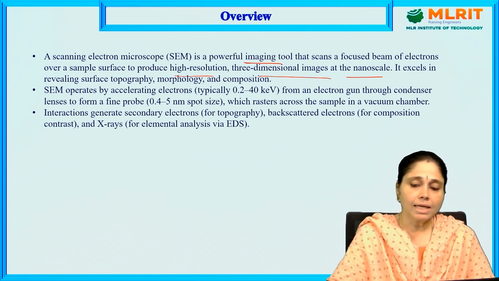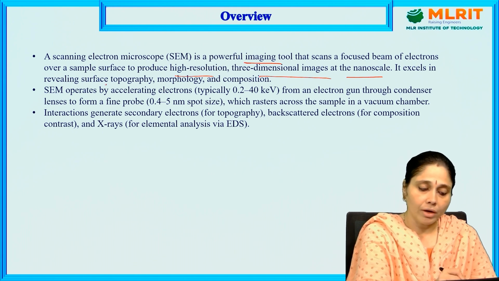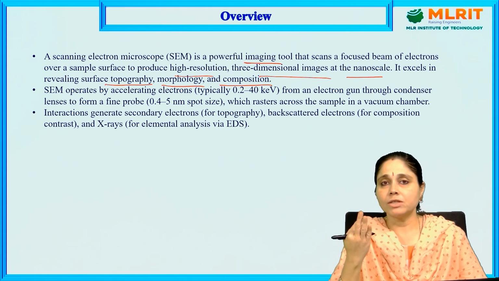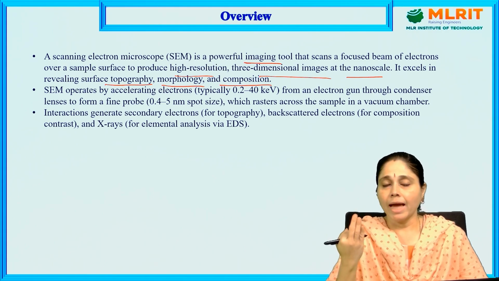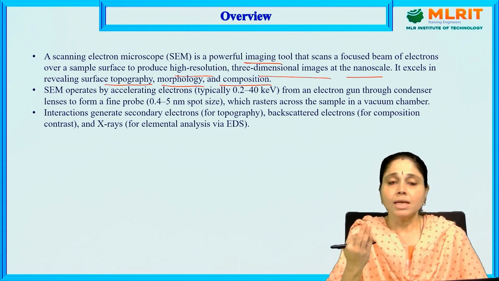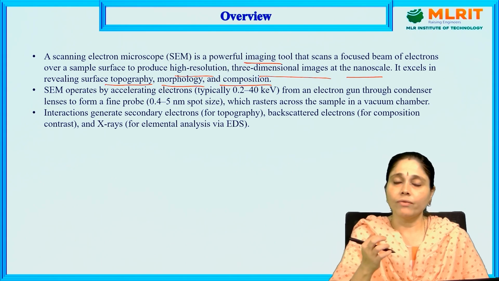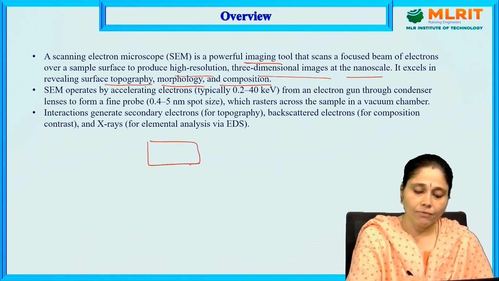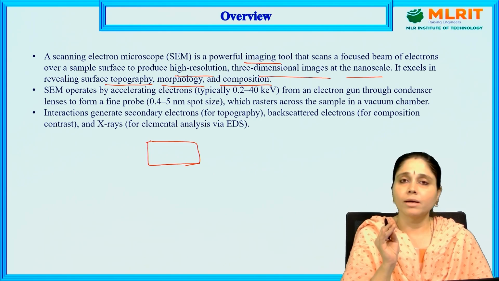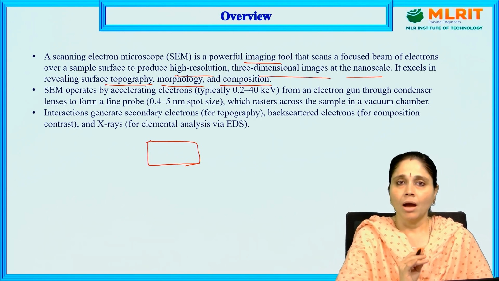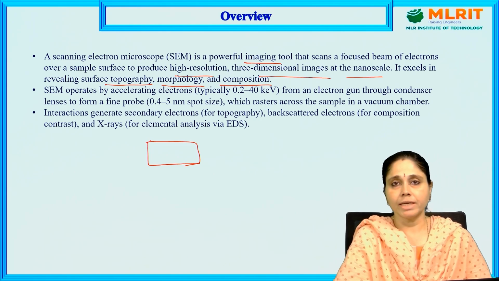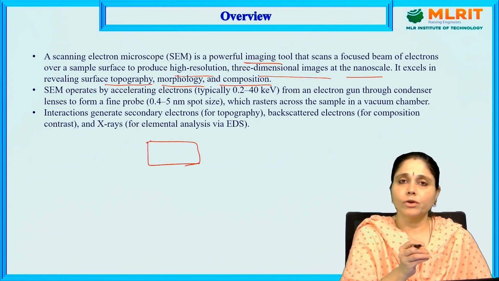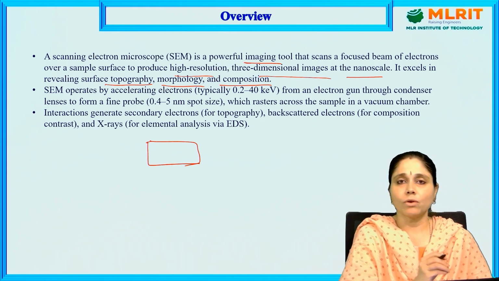It excels in revealing surface topography, morphology and composition. These are the three major things we get from the scanning electron microscope. Topography: for example, a small cube or small rectangular piece of material is kept under the scanning electron microscope.